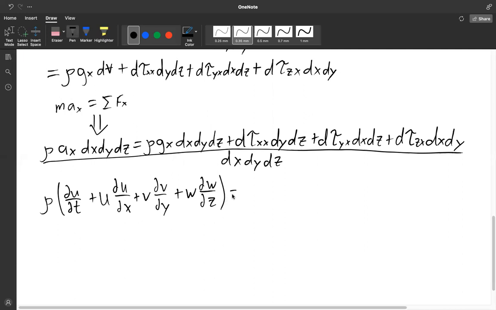So this will be equal to rho gx plus partial tau xx partial x plus partial tau yx partial y plus partial tau zx partial z.